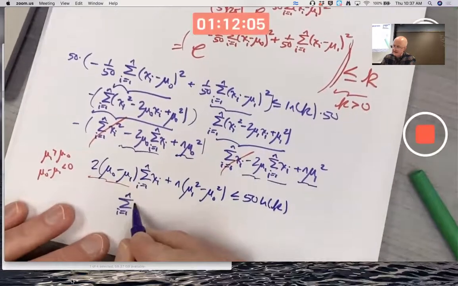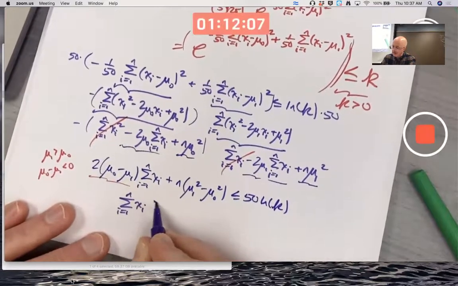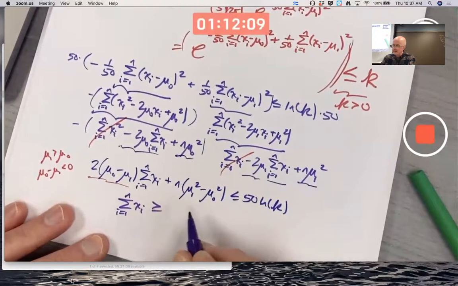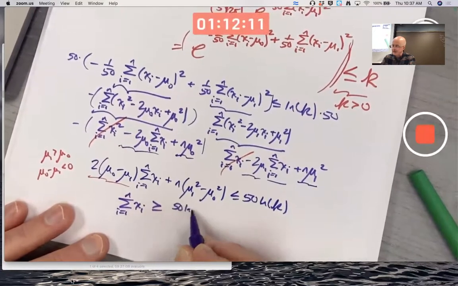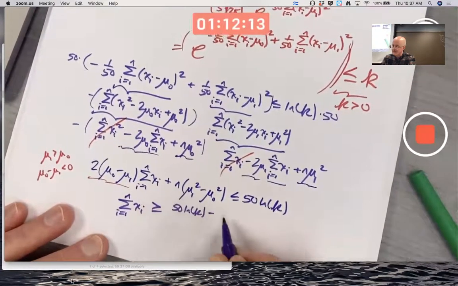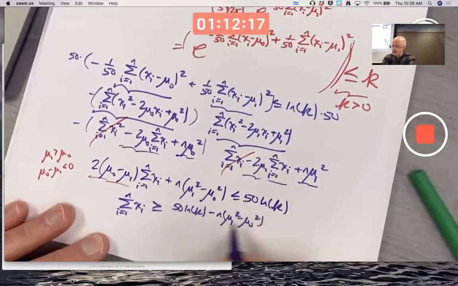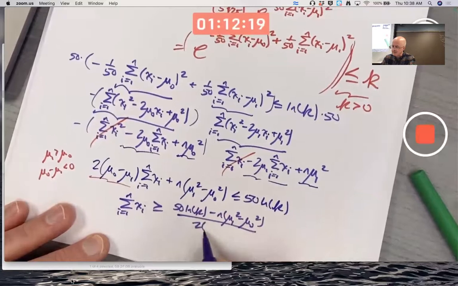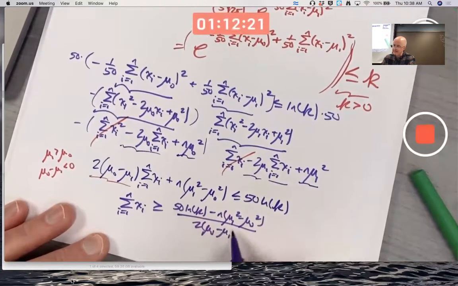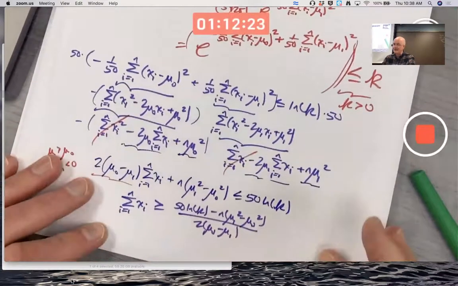So we're ultimately going to get the sum of the xi's is greater than or equal to 50 natural log of k minus n times mu1 squared minus mu0 squared, all divided by 2 times mu0 minus mu1. And that's looking pretty simple, right?